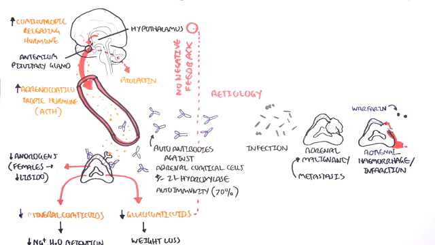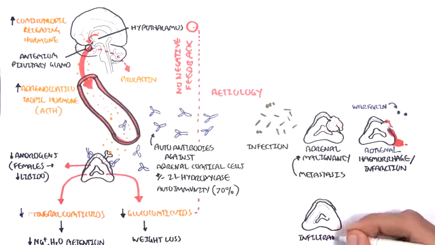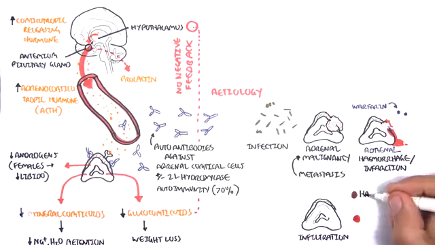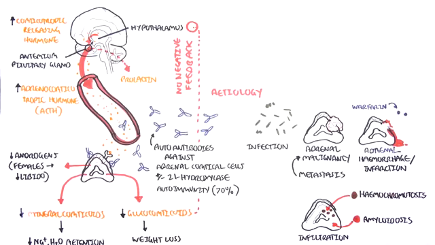The patient might be on warfarin, which predisposes them to this. Addison's disease can be caused by infiltrative diseases such as hemochromatosis and amyloidosis.